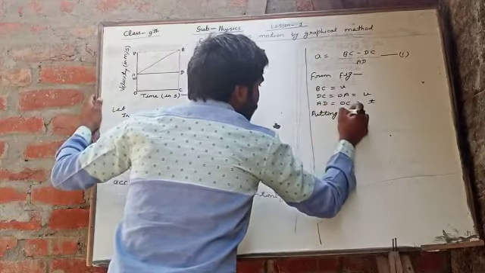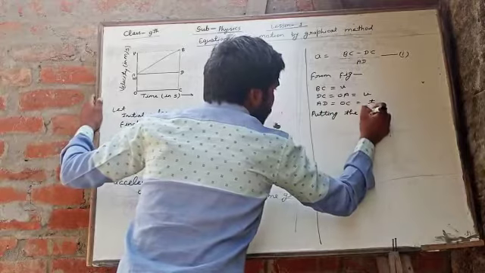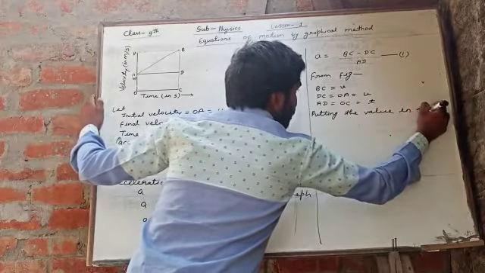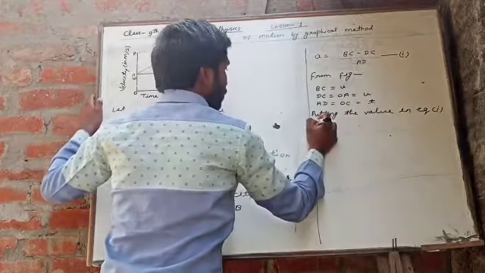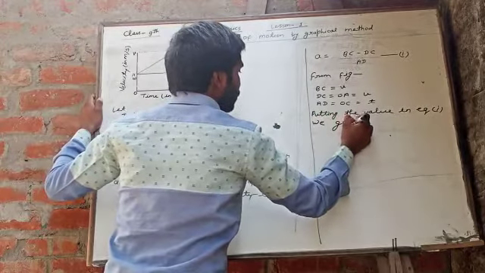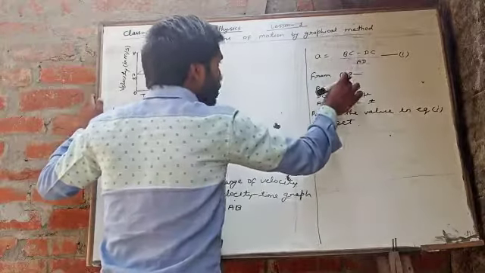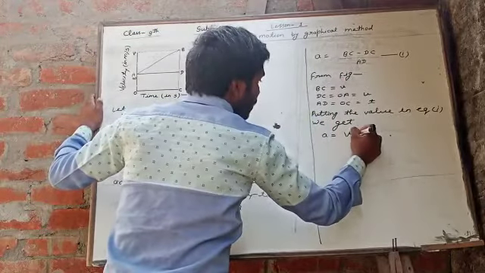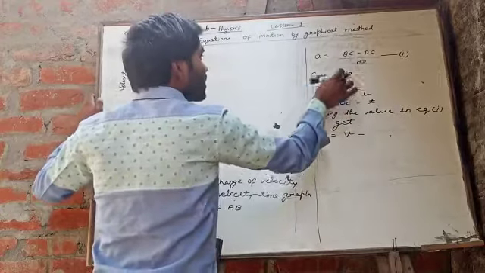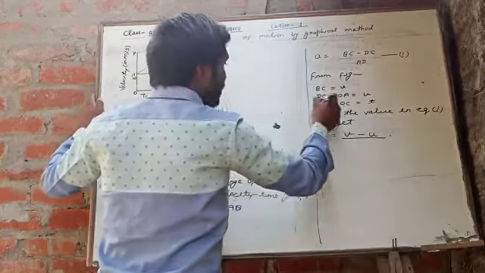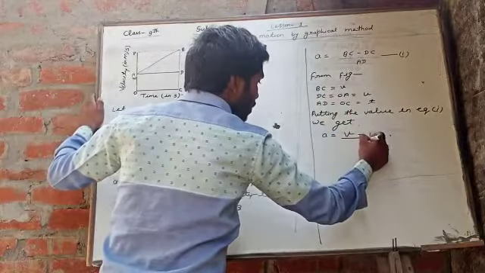Putting the values in equation 1, we get A is equal to BC, meaning V, minus DC, meaning U, upon AD, meaning T.